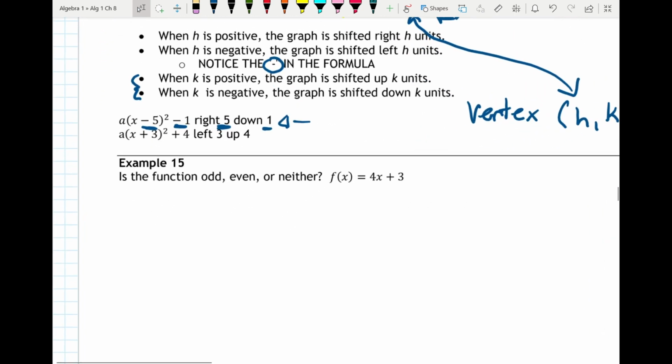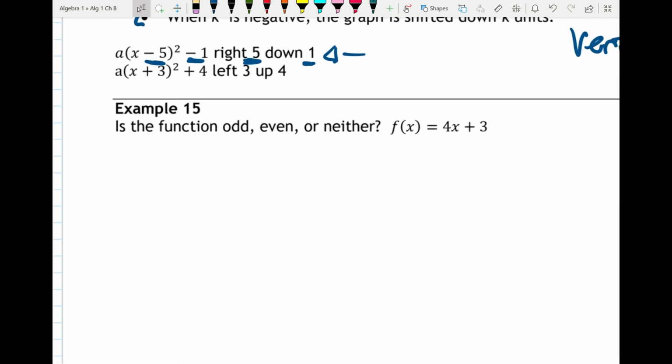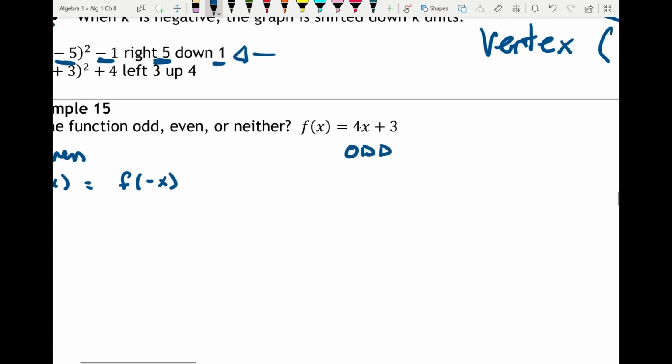So let's look at example 15 here. It asks us, is the function even, odd, or neither? Well, the rule for even is that f of x has to equal f of negative x. And the rule for odd is that f of negative x has to equal negative f of x.